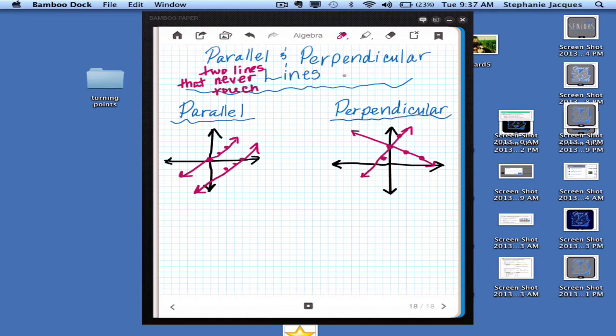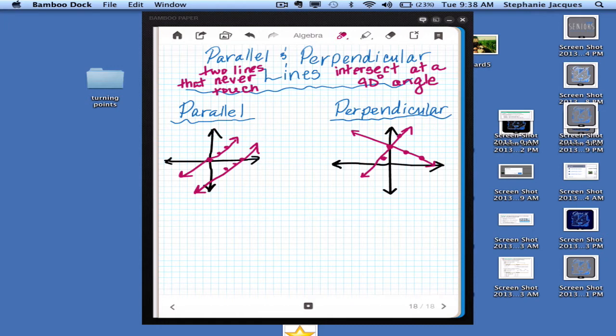Perpendicular lines intersect, and they don't just intersect, they intersect at a 90-degree angle. So once again, parallel lines are two lines that never touch, and perpendicular are lines that intersect at a 90-degree angle. So go ahead and write parallel.